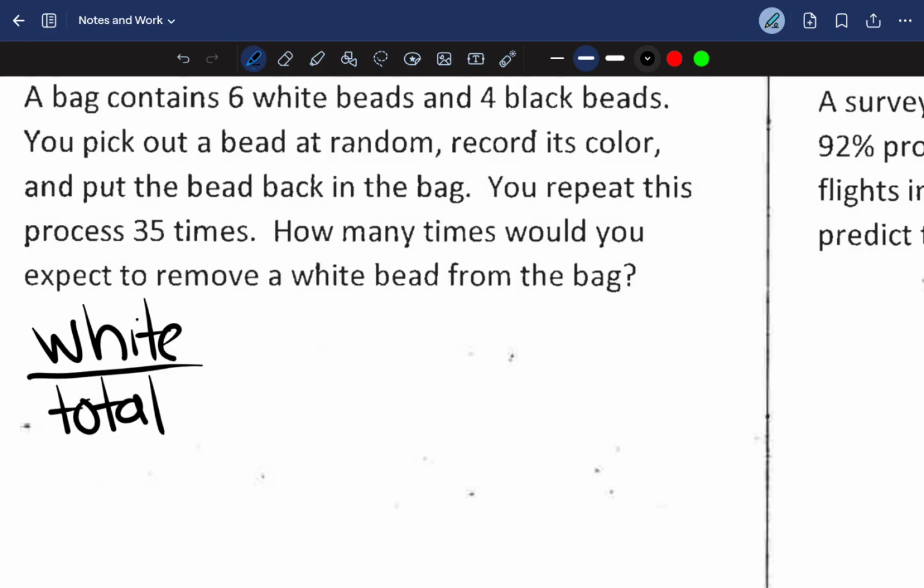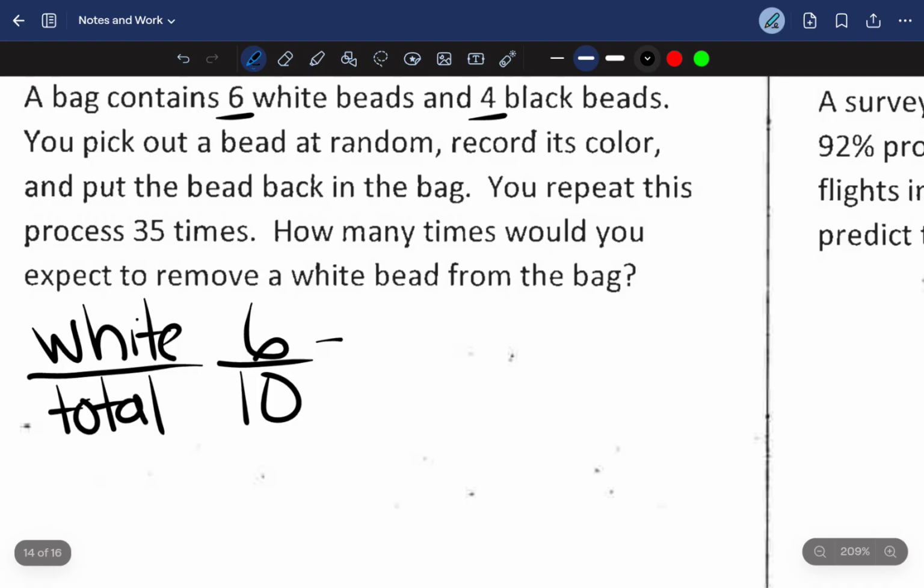And I'm going to write 6 for white, and then I see I have 6 plus 4, so I have to find that total, which is 10. So I have 6 over 10 equals x over, and it's asking if you repeat it 35 times, so I'm going to put 35. Now I'm going to go ahead and cross multiply.